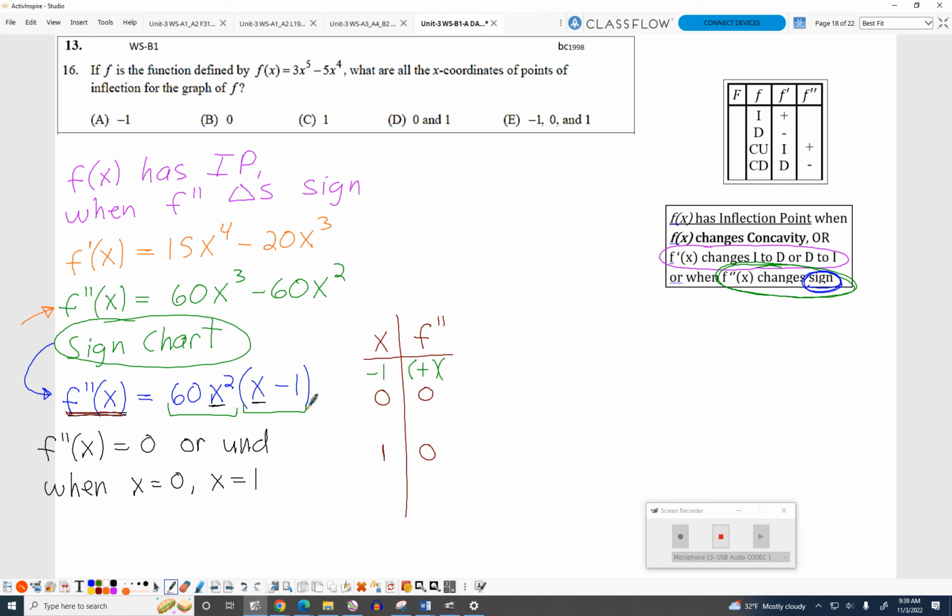Negative, 2 points. There I figured out that for any x from negative infinity all the way to x equals negative 1, all the y values of f double prime are going to be negative. By testing 1 point, you figure out what's happening for all the others, for the kind of problems we're dealing with. Questions?